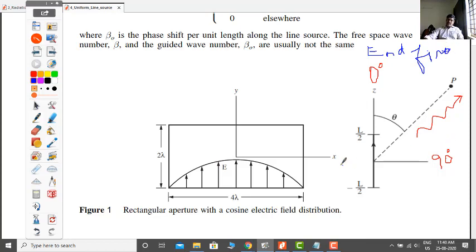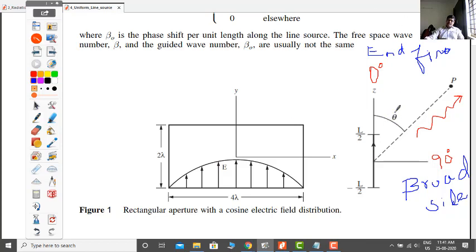When theta is 90 degrees, this direction is referred to as broadside. Broadside means the direction perpendicular to the structure. End fire means along the axis of the radiating structure.